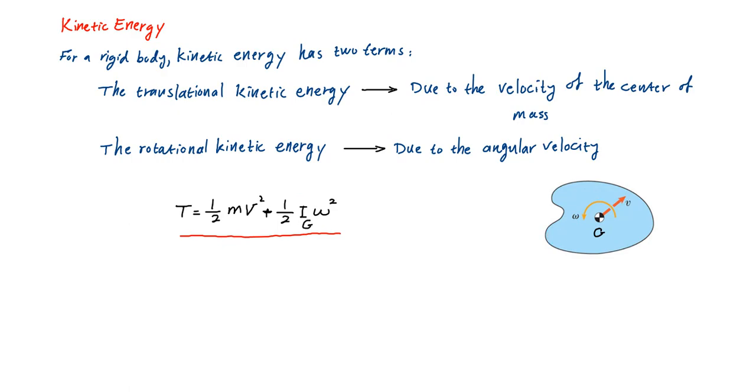So for that motion, we only have the second term, but the mass moment of inertia we care about is the mass moment of inertia about that center of rotation or axis of rotation.